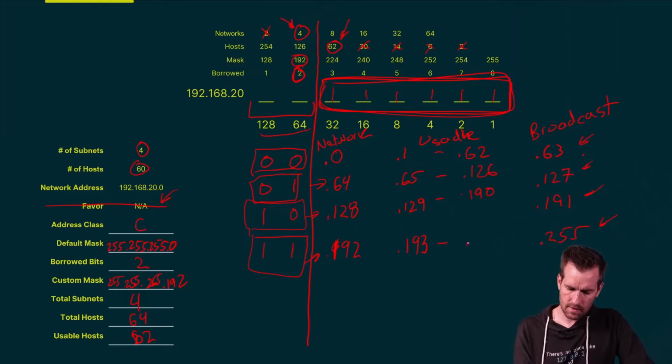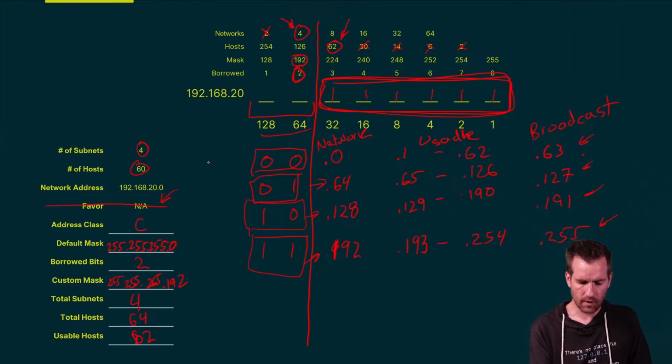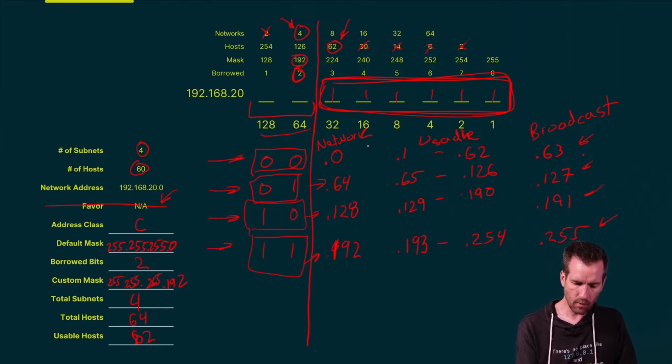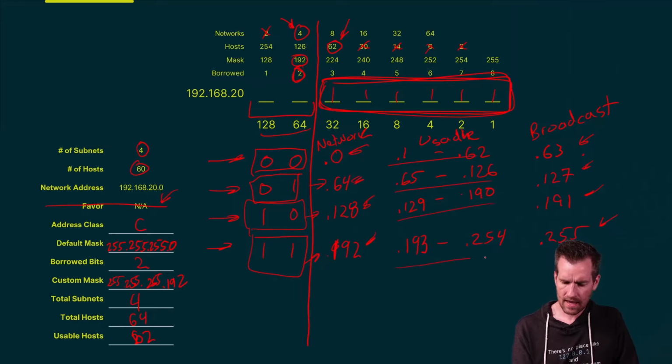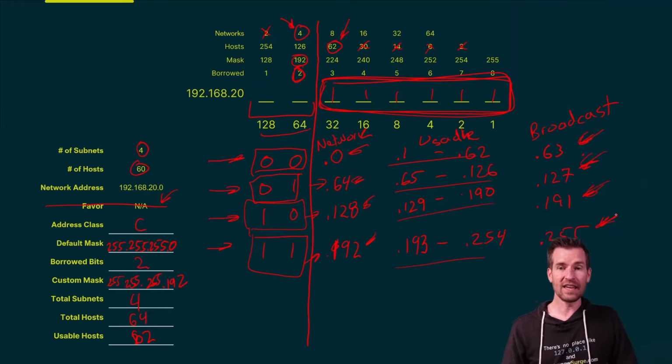And in this range would be 254, so 254. There you go. So now we have 4 different networks. 1, 2, 3, 4. We have the network addresses for each of those ranges. We've got the usable host range for each one of those, and we've got the broadcast address for each one of those. So there's the answer.